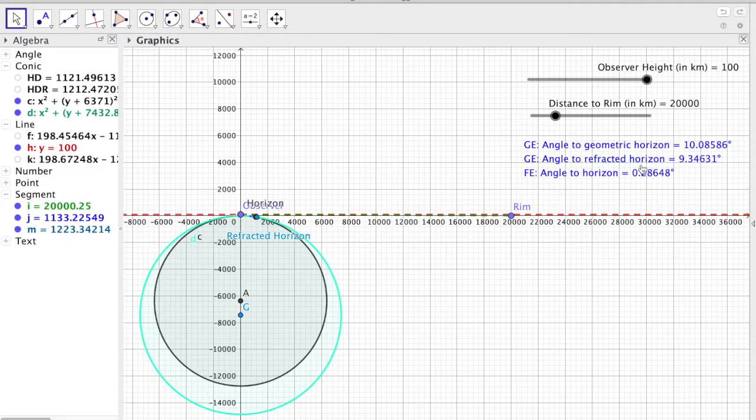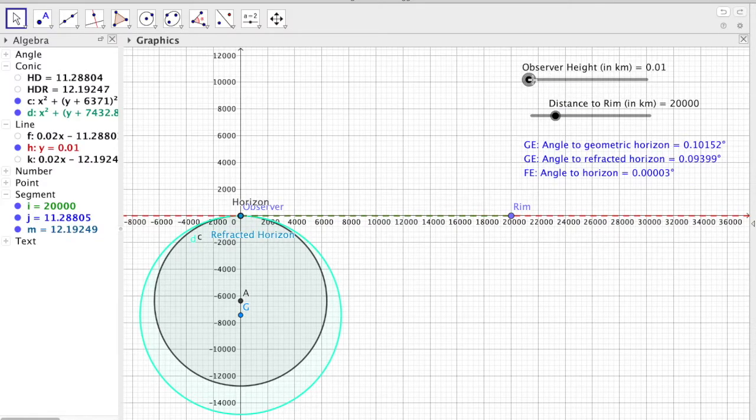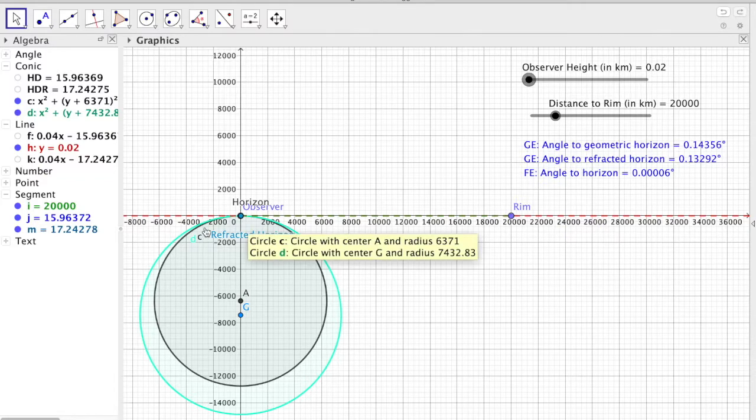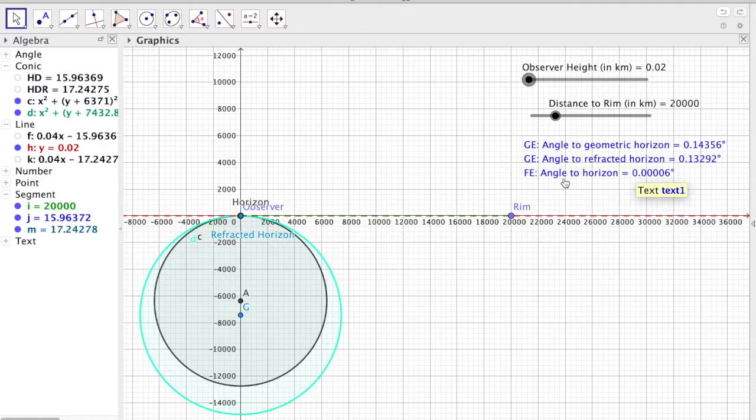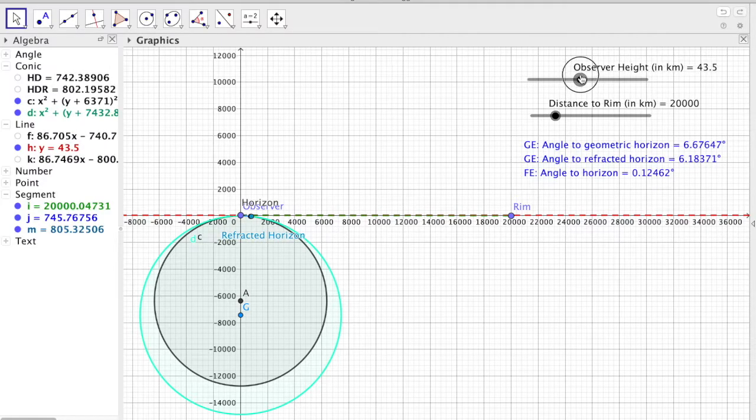And so we see that at sea level, or for an observer 2 meters above the ground, for all practical purposes, the distance horizon on the flat Earth would rise to eye level, because this angle is for all practical purposes zero. But there should be an angle observable if you get high enough.